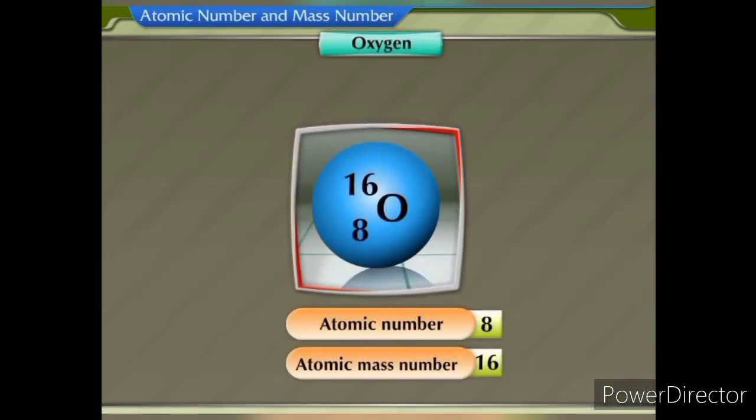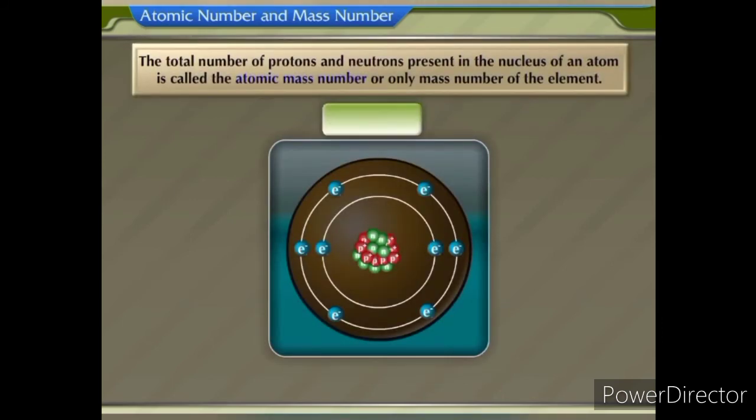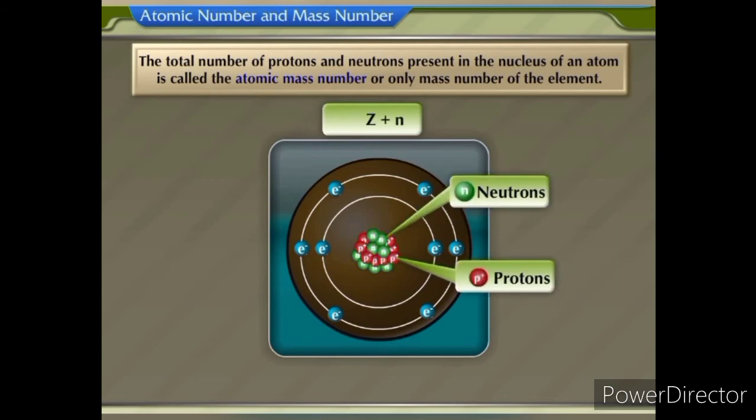Atomic mass number of an atom is different from the atomic number. The total number of protons and neutrons present in the nucleus of an atom is called the atomic mass number or only mass number of the element.